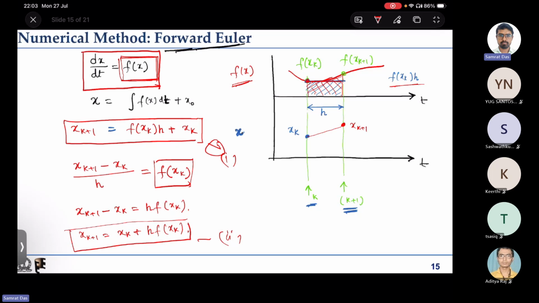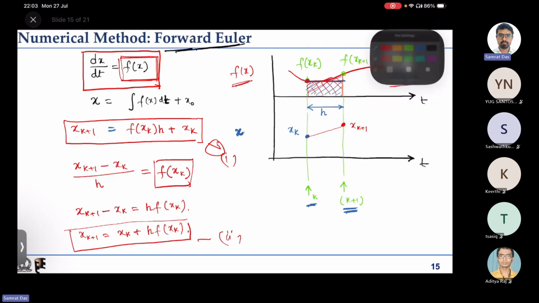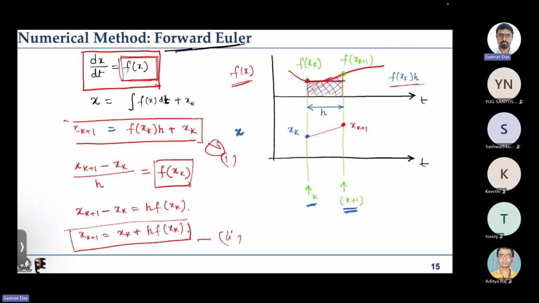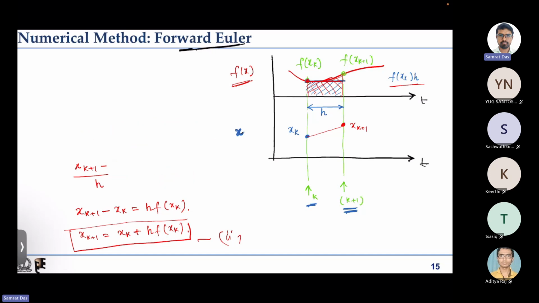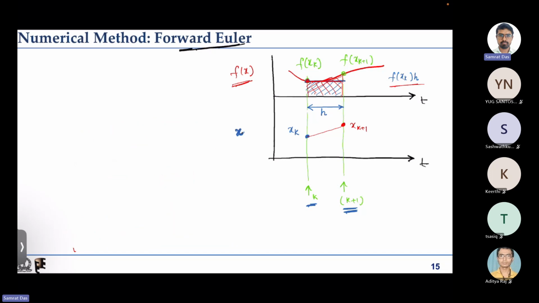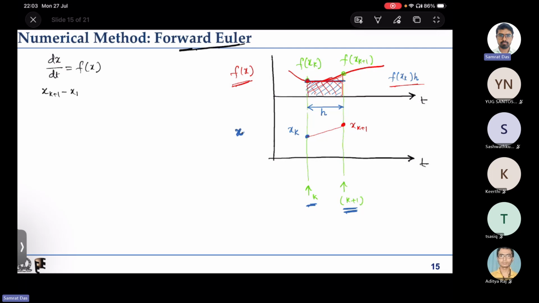So let us try to do this for the DC machine field equation, then it will become very clear. I'll just write dx/dt is equal to f(x). For forward Euler, we have to write it this way: xk plus 1 minus xk divided by h is equal to f of xk.